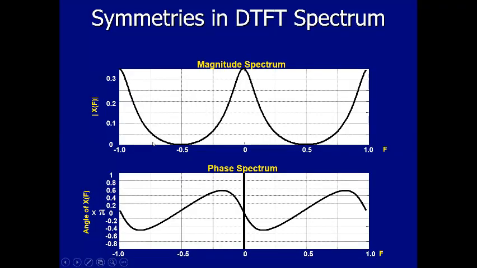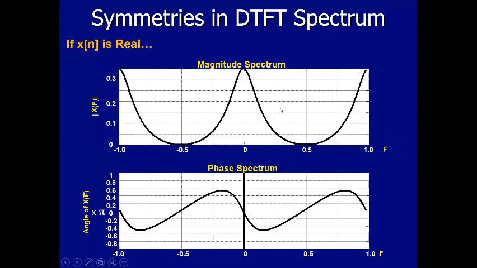Now, these aren't in your notes, but just reviewing, because we've talked about this in the past, there are certain symmetries we can count on in the discrete time Fourier transform when we take the transform of a real valued time function. If our x sub n is real, the discrete time Fourier transform of x sub n, call it x sub f, has to be periodic with a period of 1.